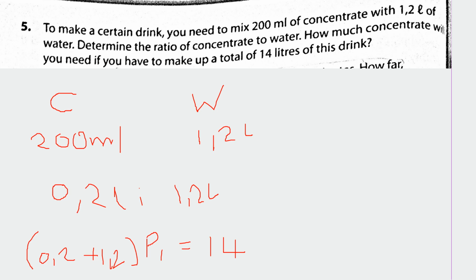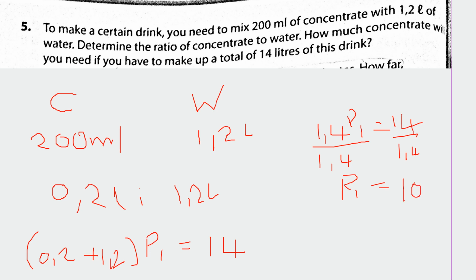Okay, so now we have to add 0.2 plus 1.2. We get how much is going to be 1.4 P1 equals to 14. Then to get one ratio, you divide by 1.4 on both sides, and then our P1, which is one ratio, is equal to 14 divided by 1.4, which is 10.